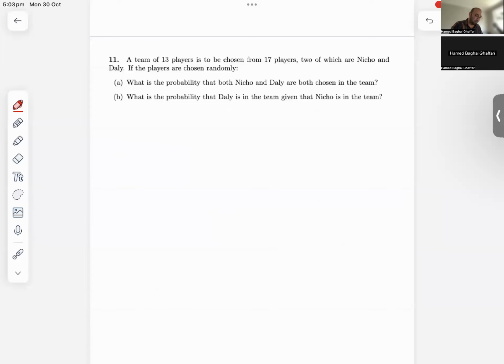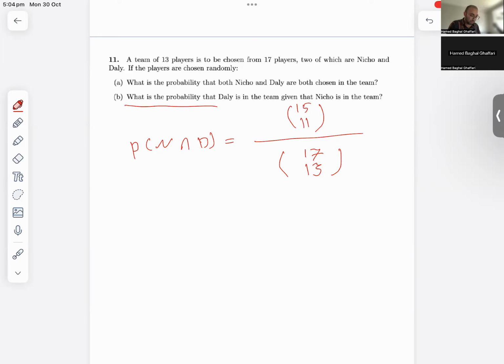The probability of Nico and Dali both being in the team is the intersection. The whole scenario is 17 choose 13, and if I choose N and D in the team, the rest will be 15 choose 11.